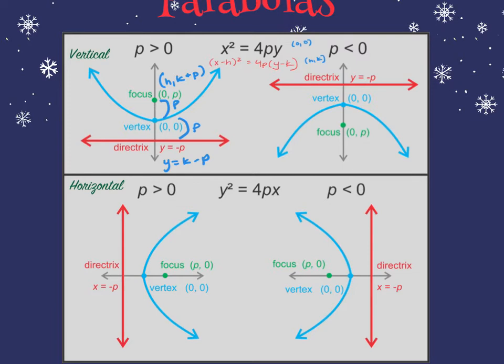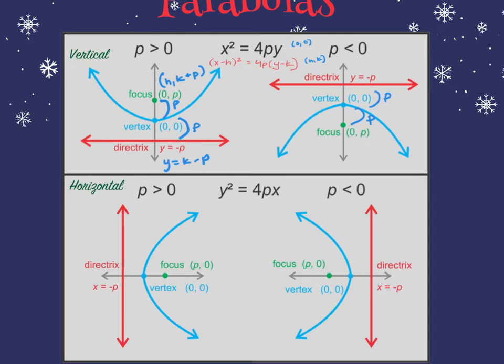Actually, that should be positive p. Oh, no, that's if you keep the sign with it. So you're going up p for the directrix, and you're going down p for the focus. But remember, that's if you keep the sign on the p. The directrix would be k minus p, or k plus p if p is negative, so it would go down.